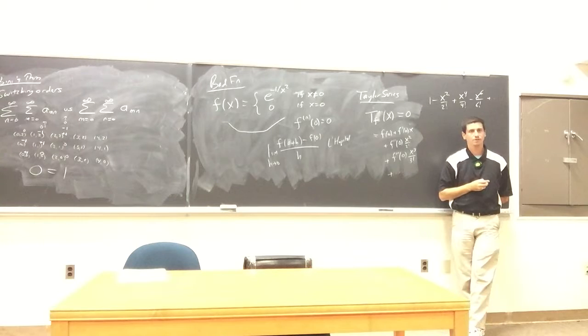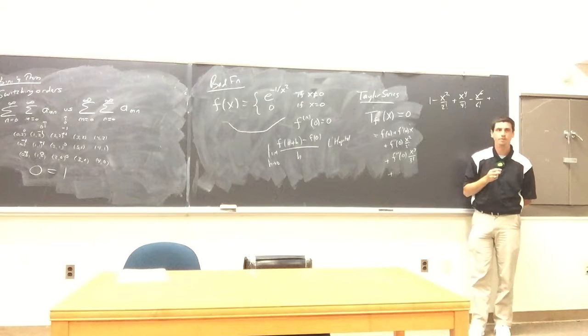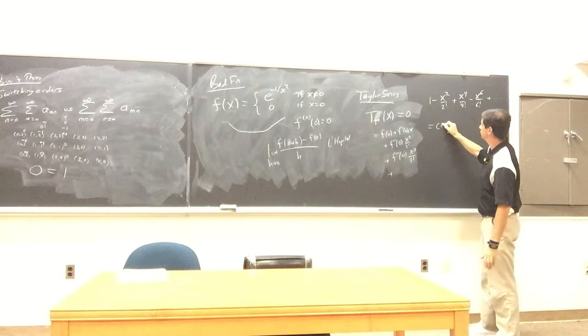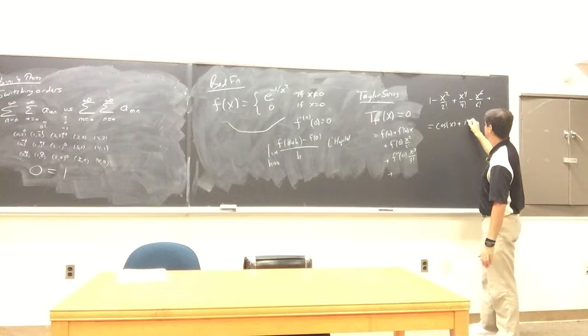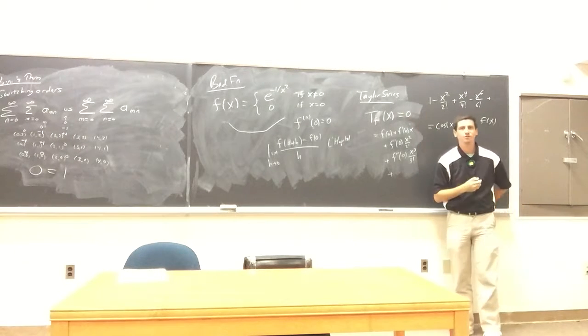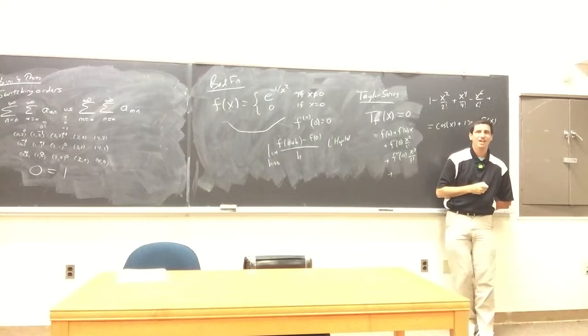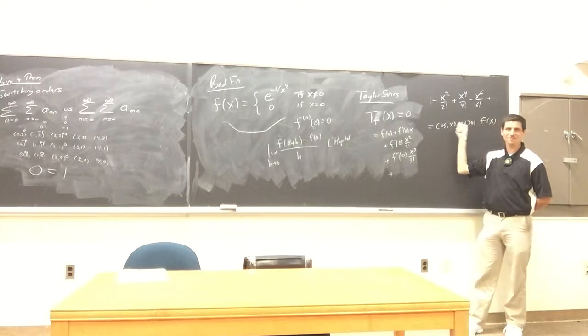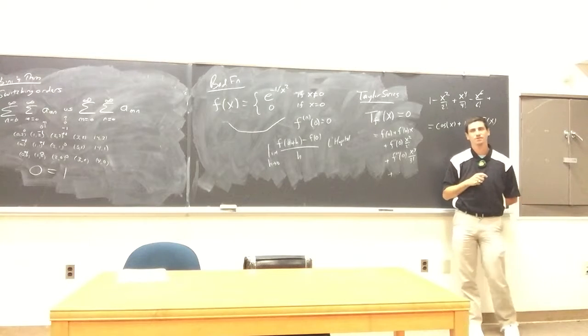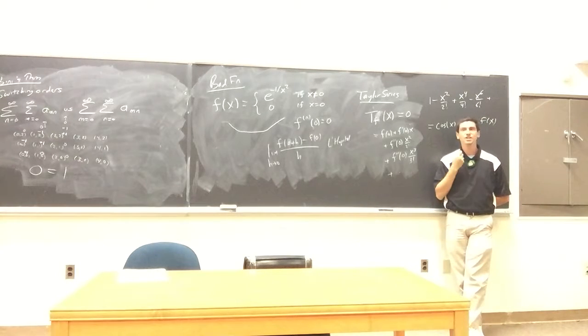Cosine of x. Well, I'm actually thinking of cosine of x plus 1701 f of x, where f of x is my function from before. If you were to calculate the Taylor series of this function, could you distinguish it from cosine of x? A Taylor series does not uniquely determine a function.